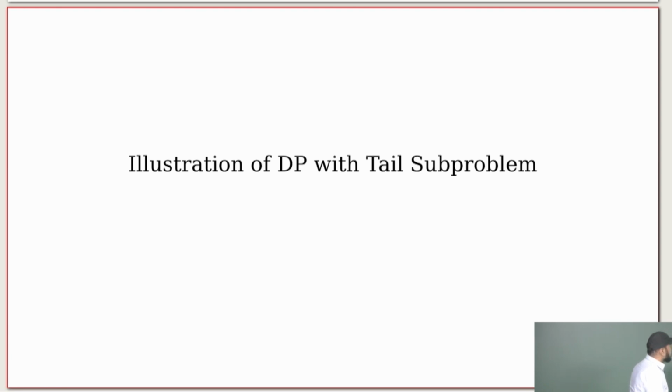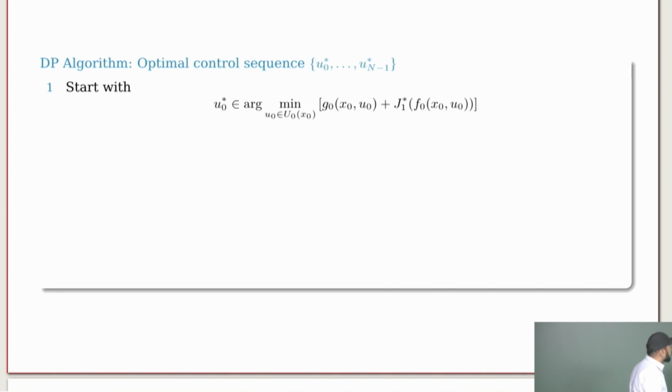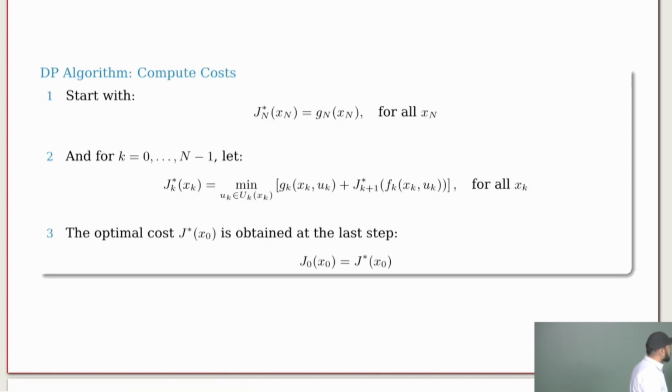So, an illustration of DP. When we do these cost computations going backwards, we solve from the tail. Hence we introduce the concept of the tail subproblem. The very end of the tail is the nth stage, but then I have n minus 1 to n. That's the tail subproblem.